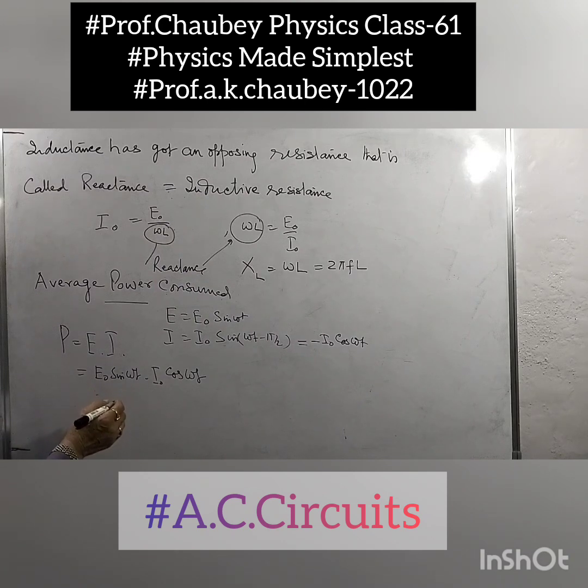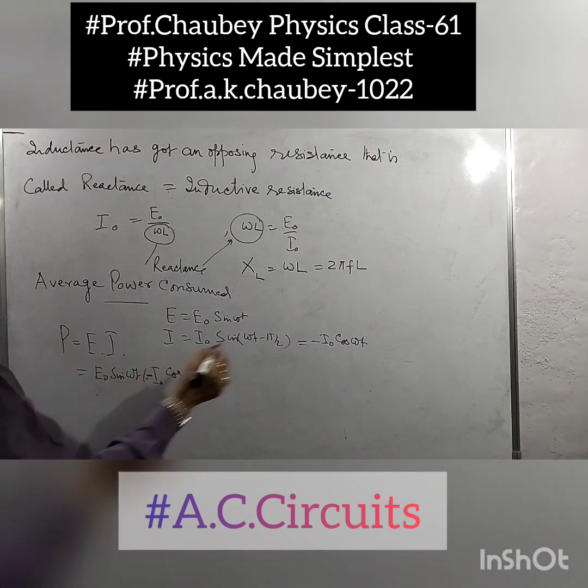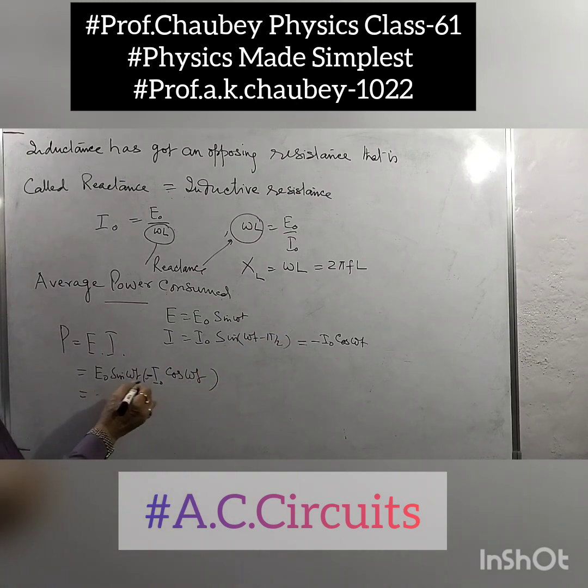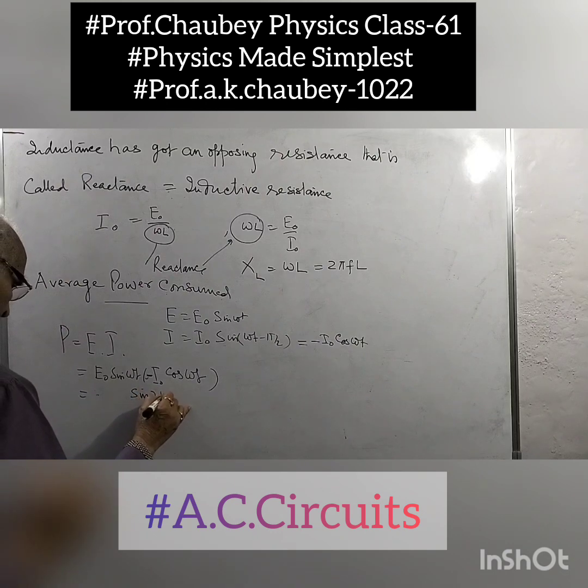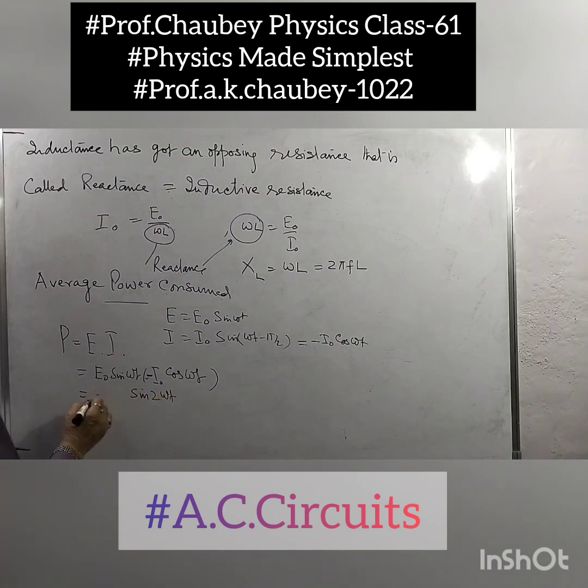So that is minus E naught I naught sin omega t cos omega t.